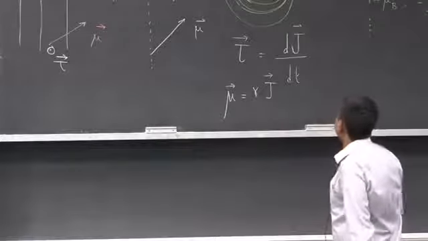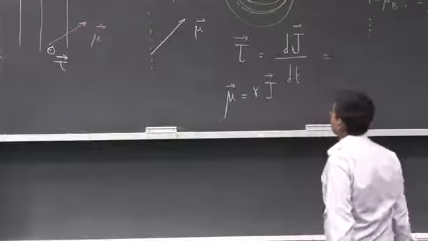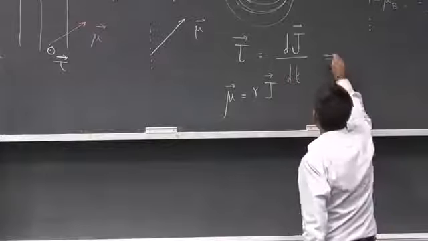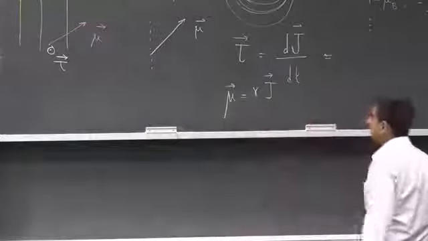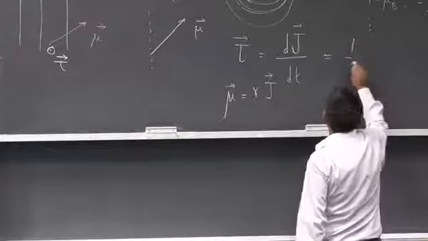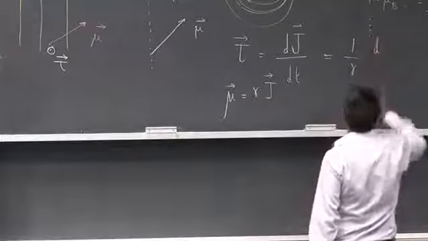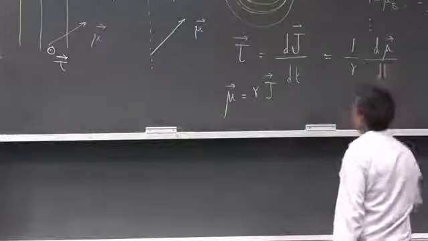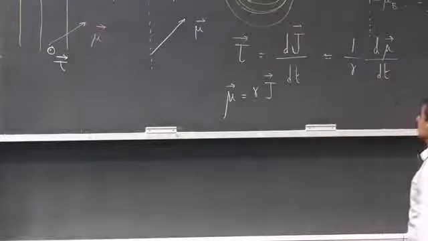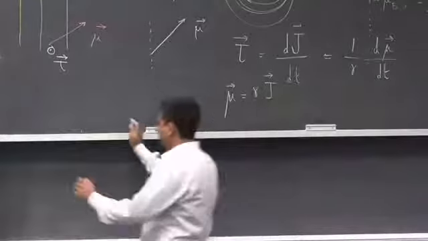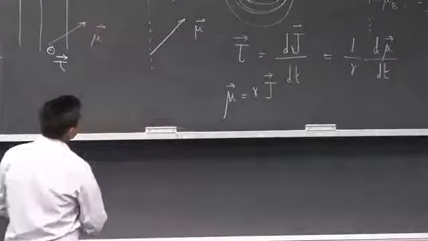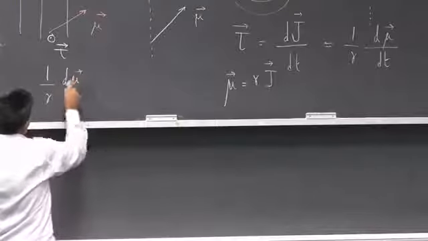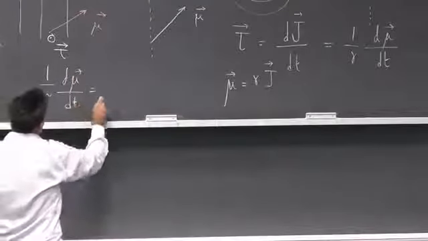So this means that the torque gives rise to a variation in the angular momentum, and it also gives rise to a variation in the magnetic moment. So this is 1 over gamma d mu by dt. So this is the torque. Now this means that 1 over gamma times d mu by dt is equal to mu cross B.